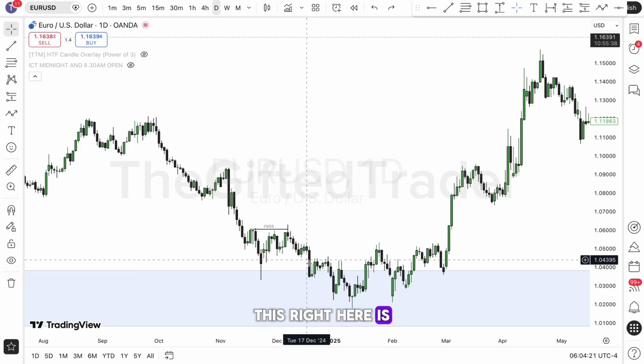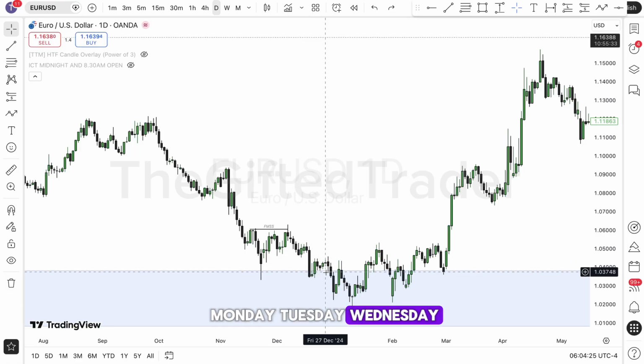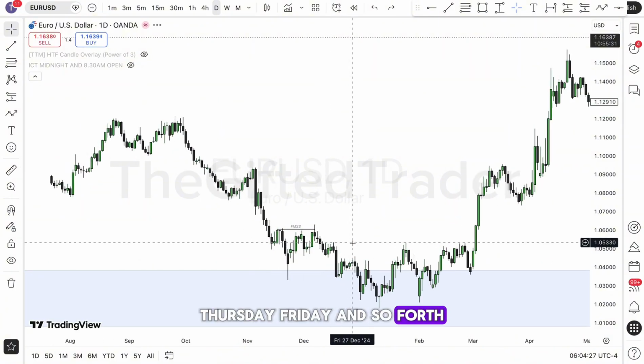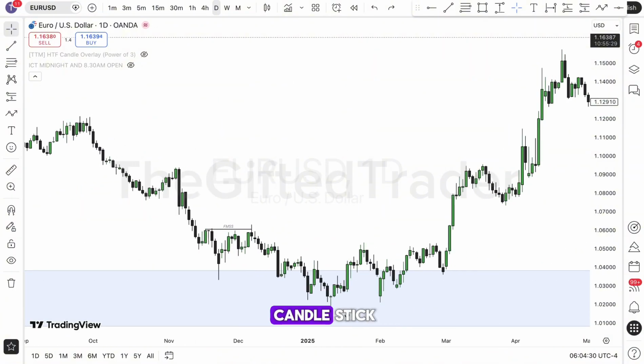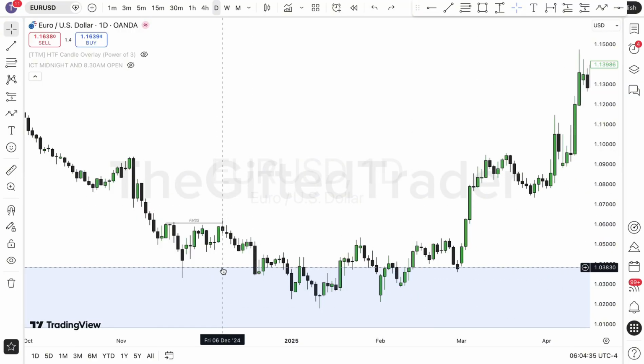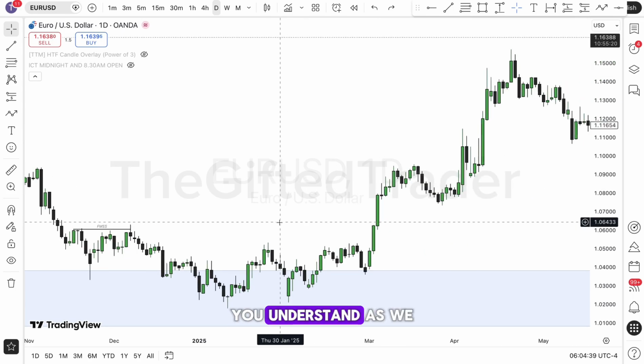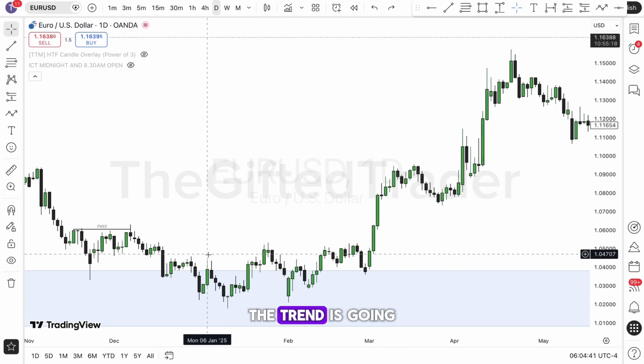This right here is different days. You can see Friday, Monday, Tuesday, Wednesday, Thursday, Friday, and so forth. So now we are looking at the daily candlestick. Since we looked at the higher time frame, we knew that once price gets to here, the trend is going to change. You understand?